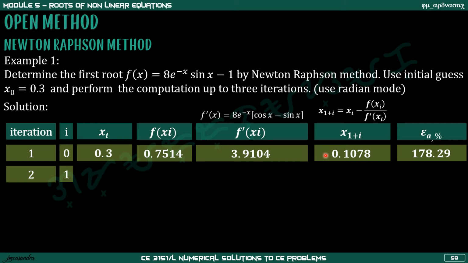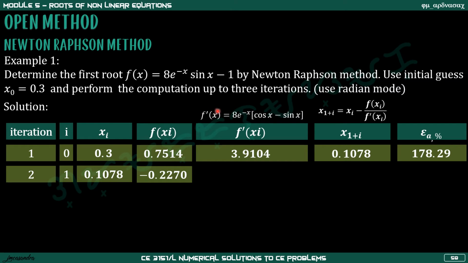So our xi, or x1, is equal to 0.1078. This value just moves over here. Then we substitute this value in our equation to arrive at negative 0.2270.